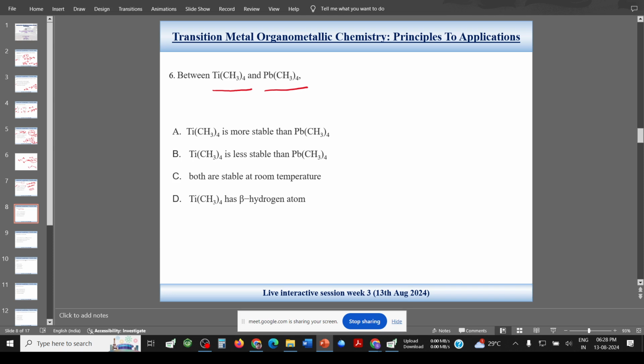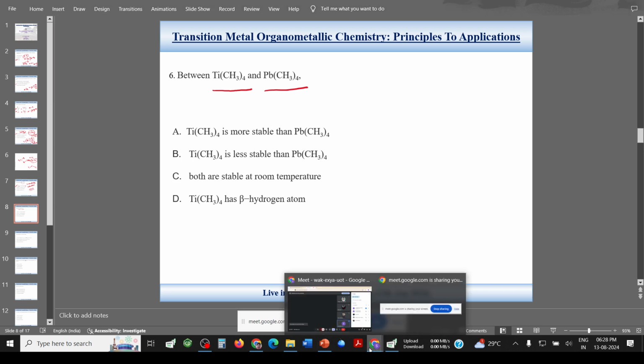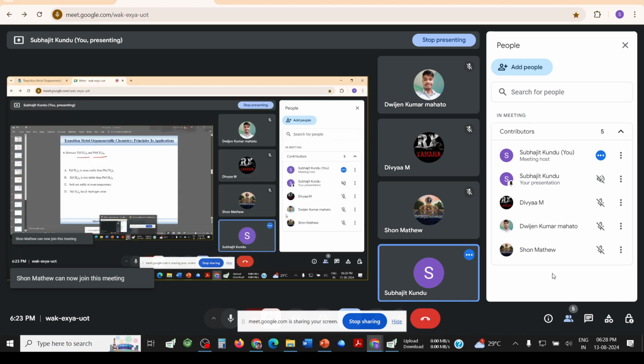Now both the metal complexes have 4 coordination and both have a small ligand like the methyl ligand. Now how do you justify the stability of these titanium versus lead tetramethyl complexes, using the energy of d orbitals in titanium and lead? So what will be the correct answer?